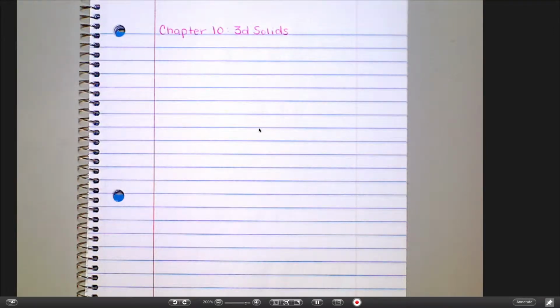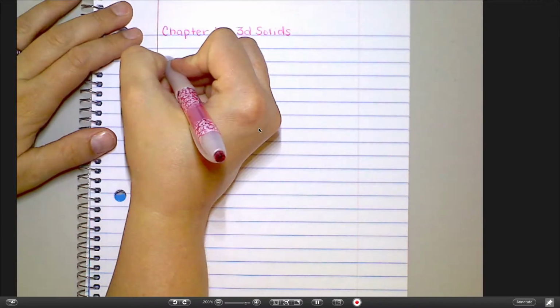Kind of far back, we talked about 5 different types of solids. Can somebody name me one? A rectangle's not a solid. A rectangle's flat. Sphere, yep, that's one.